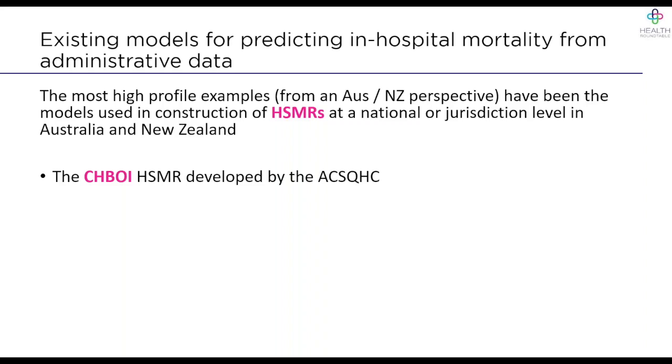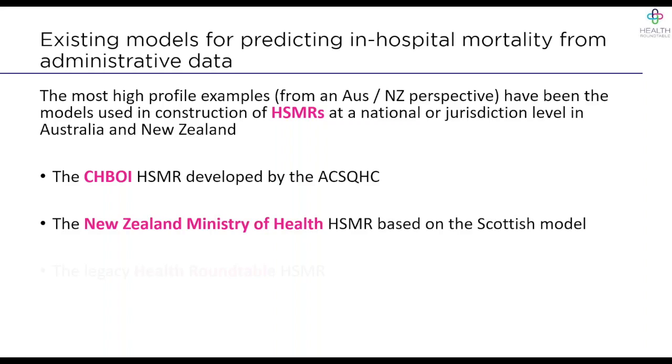So there's the COIN HSMR. This is the core hospital-based outcome indicators HSMR that was developed by the Australian Commission on Safety and Quality in Healthcare, and that's used at a national level in Australia. There's a New Zealand Ministry of Health hospital standardised mortality ratio, which is based on the Scottish model. There's a legacy Health Roundtable HSMR, which we used up until 2016.